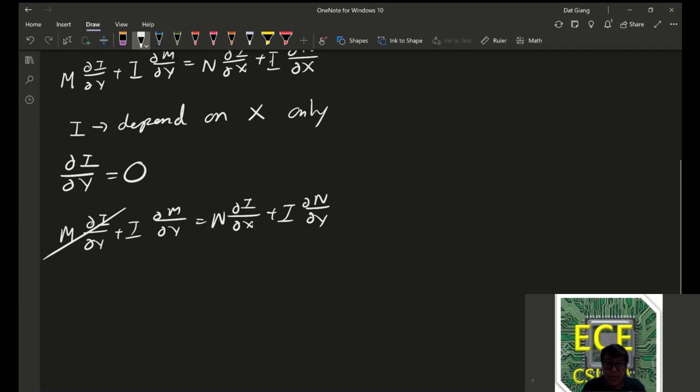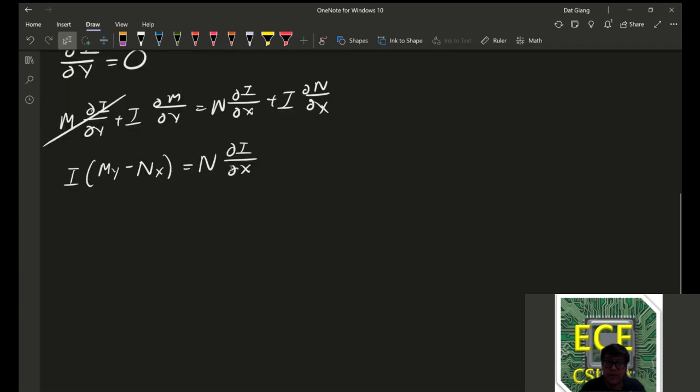Now, I want to move this to the other side. So we're going to get I times My, and this one's just Nx, equal to N partial I partial x.